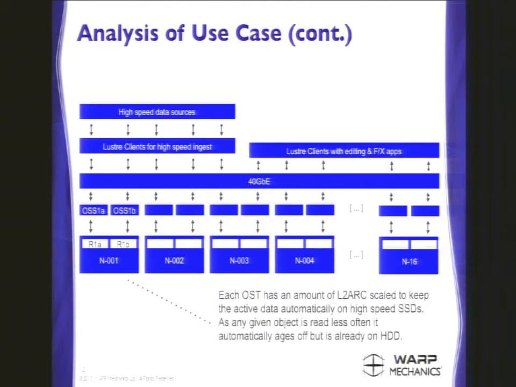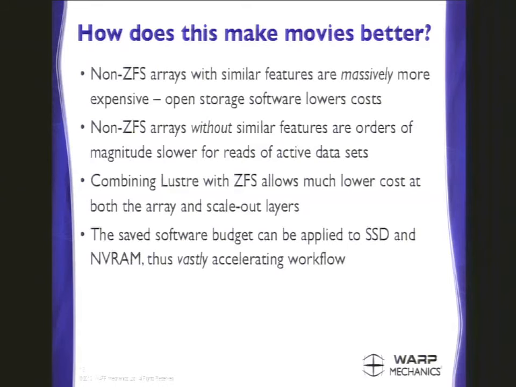The L2ARC kernel tweaks essentially prioritize getting all of the writes onto SSDs immediately instead of just a certain percentage of them. And then it scales out pretty much as you want. This particular client only needed 16 OSSs.